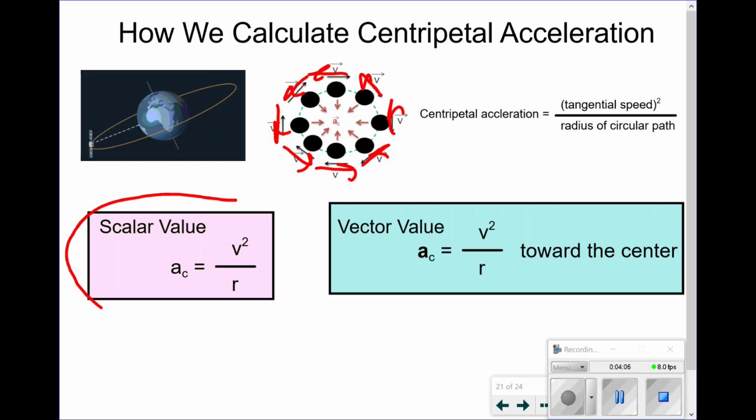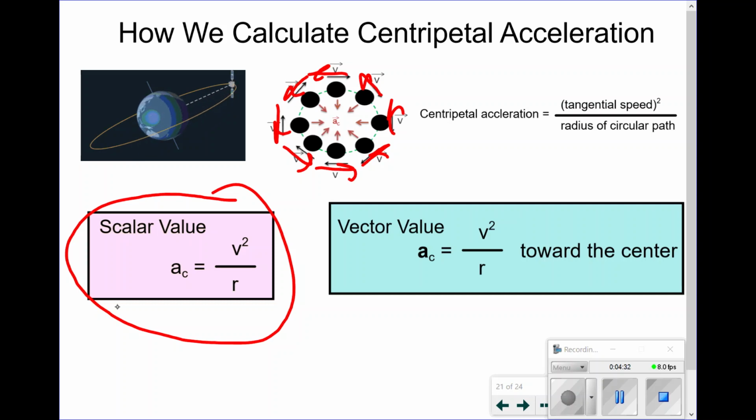The scalar equation for centripetal acceleration is just tangential speed squared over the radius. Please notice we never state the direction. We don't have to, it's a scalar. But please notice that the acceleration isn't just the letter a, it's got this little c on the bottom to show that it's centripetal. That actually tells you the direction automatically. It's towards the center.